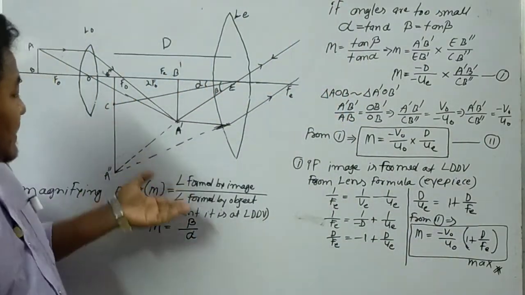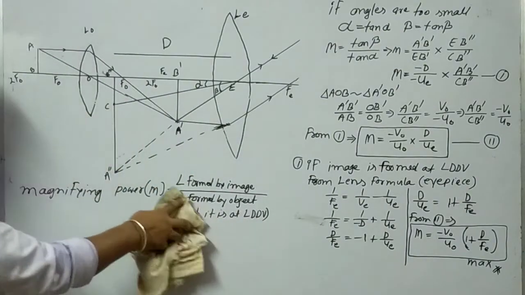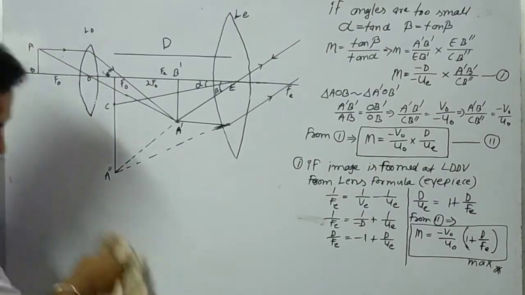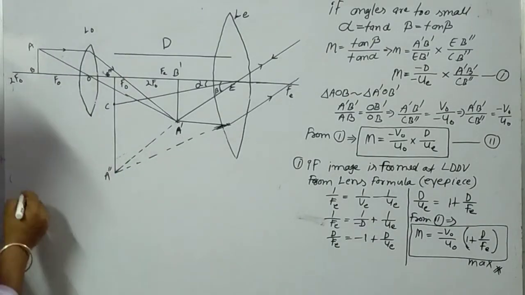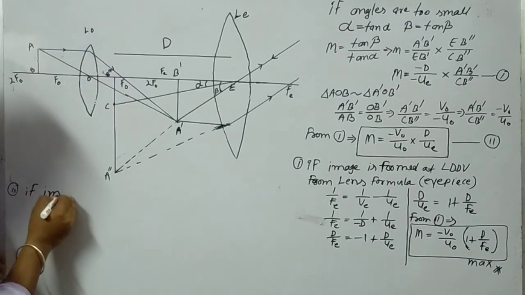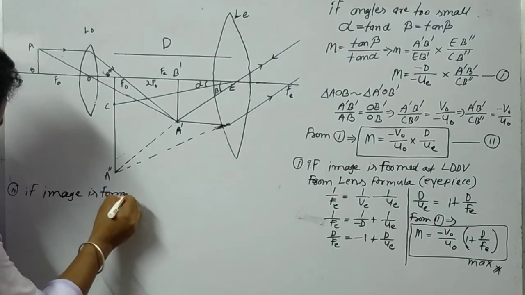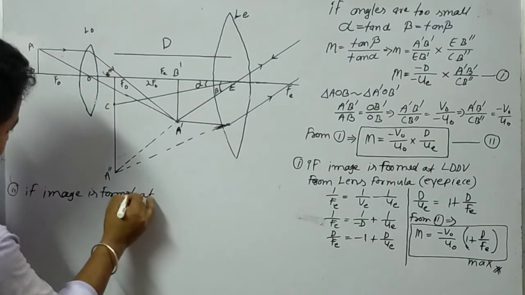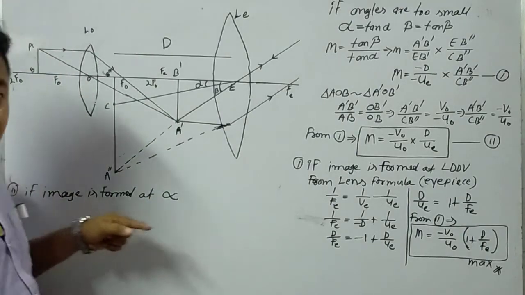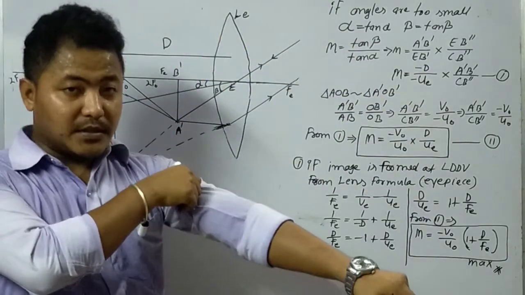Next, if the image is formed at infinity, this is the number 2 case. Suppose the image is formed at infinity.